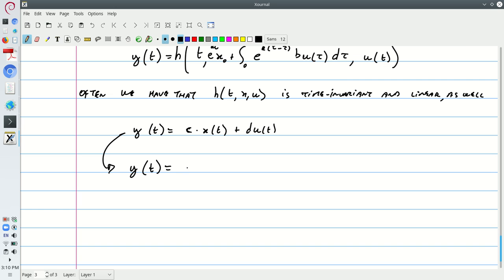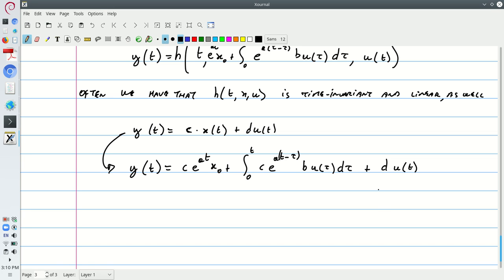This becomes c exponential of at x0 plus integral from 0 till t of c exponential of a (t minus tau) b u of tau d tau plus d u of t.